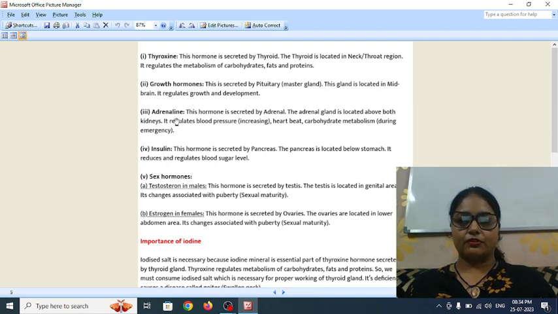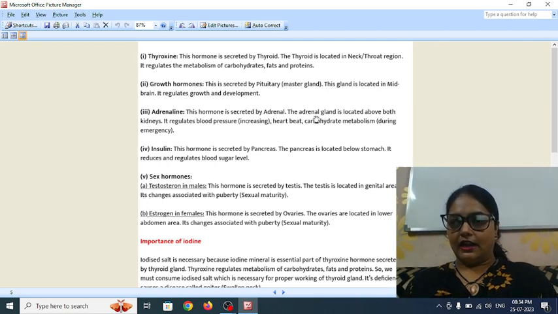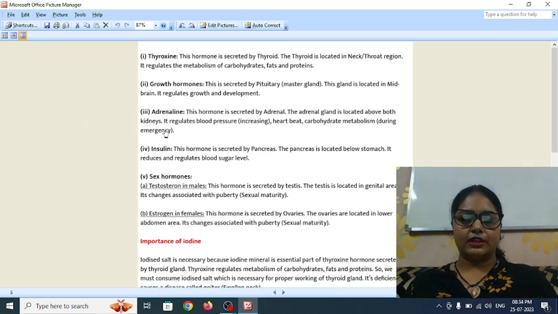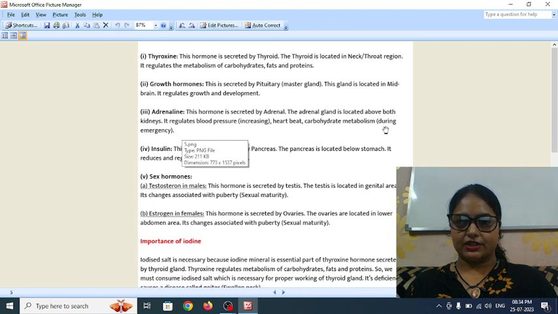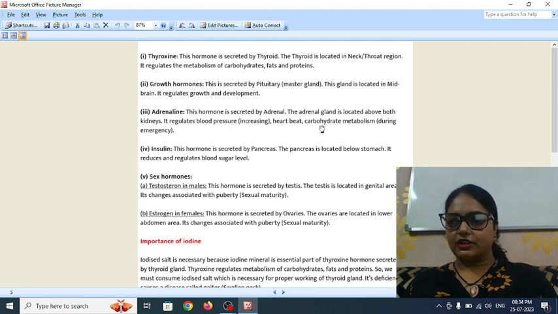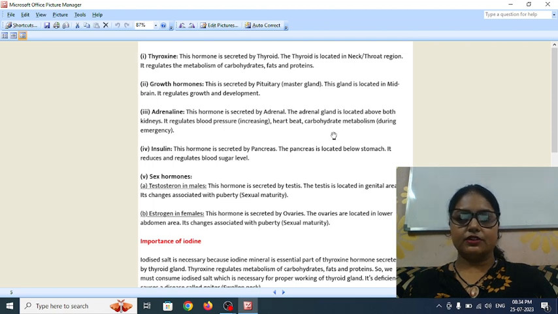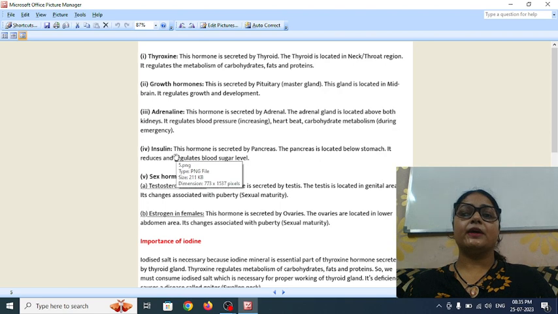Now the endocrine gland secretes the adrenal hormones, and the adrenal gland is located above both kidneys, and it regulates blood pressure, heartbeat, and carbohydrate metabolism during emergencies. Basically it means when we require a large amount of energy. Insulin is a hormone secreted by the pancreas.